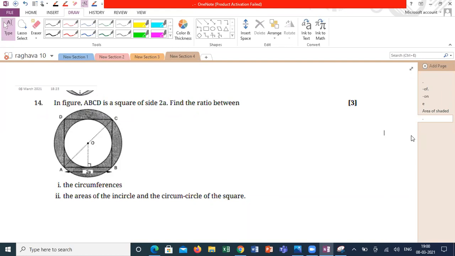Sir, incircle is a circle inscribed inside a triangle. Whether it is a triangle or a rectangle or whatever, if it is inscribed inside, that is called incircle, touching all the four sides.